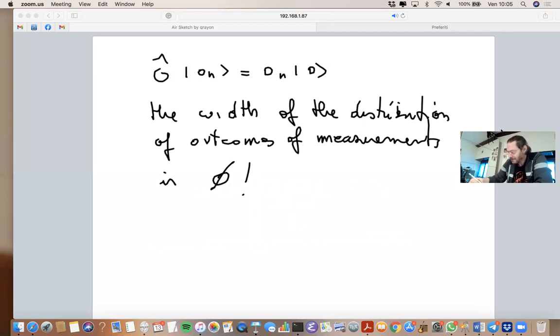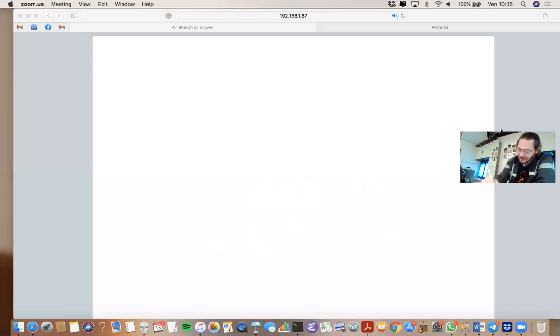How do I know? Well, look, take the first moment of the distribution. If all moments are 0, this distribution is 1 point, right? So what is the first moment of the distribution? Say, I take this divided by this. This is called, if you think about it, the standard deviation, right?